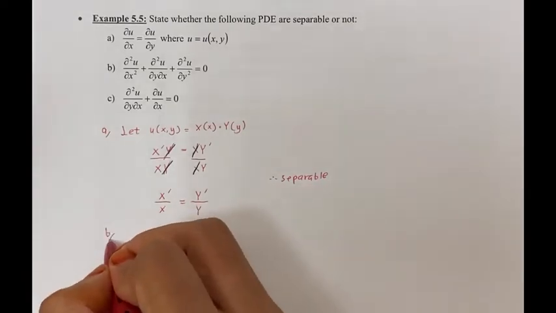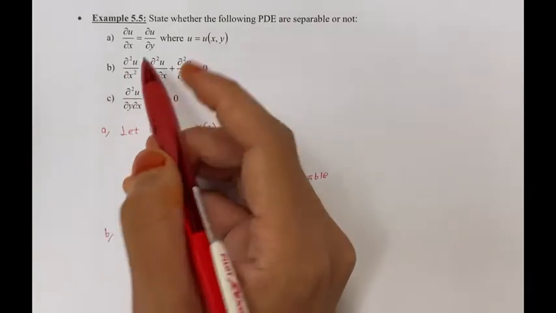Look at B. You have del square u over del x square.